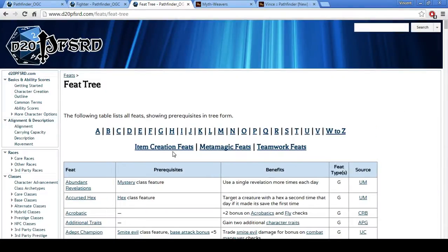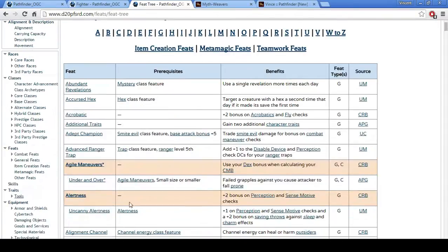If you are doing this from a book, in the back of the book there should be a feat table kind of similar to this. Kind of similar because it's not going to break it down in a tree. It's just going to have them listed there. And there's not going to be nearly as many feats, so it's probably not as necessary. But the way that feats work is that you just pick them and they give you a bonus, and that's pretty much it. All you have to do is meet the prerequisites.